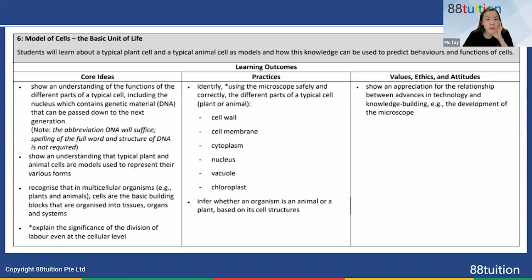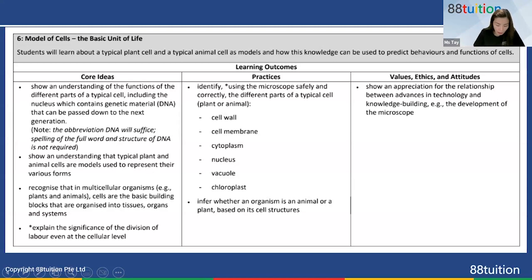Okay, so for this topic, models of cells, you need to understand the functions of the different parts of the typical cell. Then you also need to know that the nucleus has genetic material. Okay, take note, you only need to know DNA. You need not spell out the entire word. Then show an understanding about the typical plant and animal cells. Okay, we are actually using the models to represent the various parts inside them.